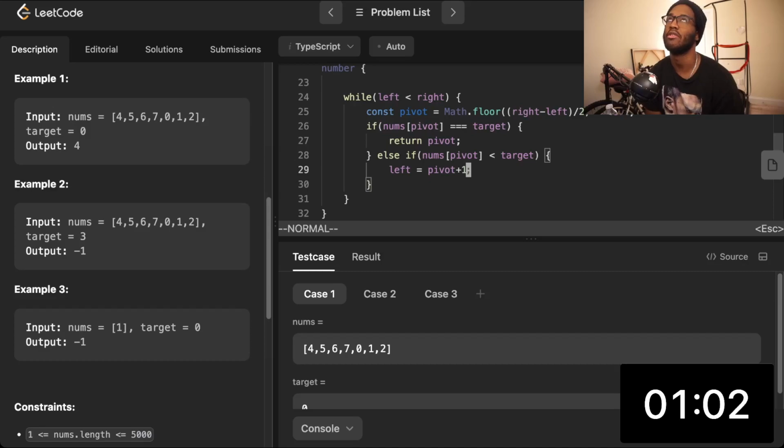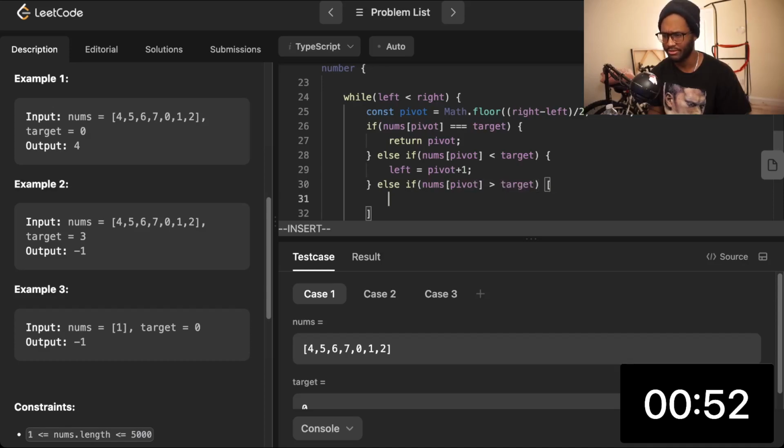Num sub pivot less than the target, it means every number before it is also less than the target. Else if num sub pivot greater than target, right is equal to pivot minus 1.